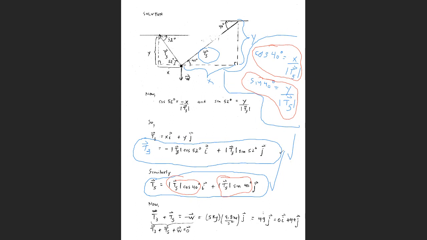Okay, and so if I want to figure out what these T3 and T5 vectors are, I'm going to have to find the magnitudes of the T3 vector and the T5 vector.